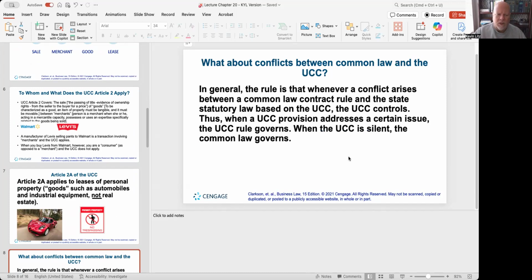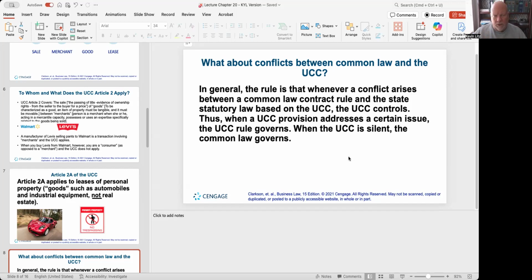Now, what if there is a state law conflict between the UCC and judge-made law or other statutes? This is important. There might be a test question on this. I can't remember.